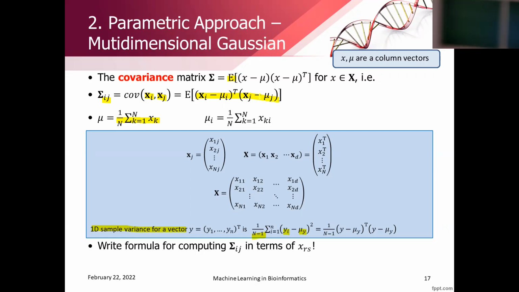If one variable is growing and the second is decreasing, then maybe we obtain values which are higher than the mean for the first variable and lower than the mean for the second variable. We multiply them and we obtain a negative value. So the covariance can be positive or negative.